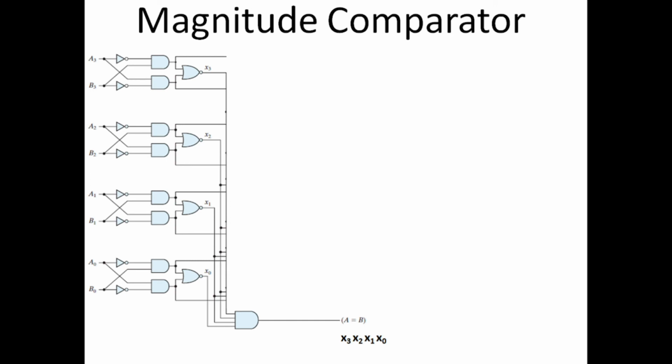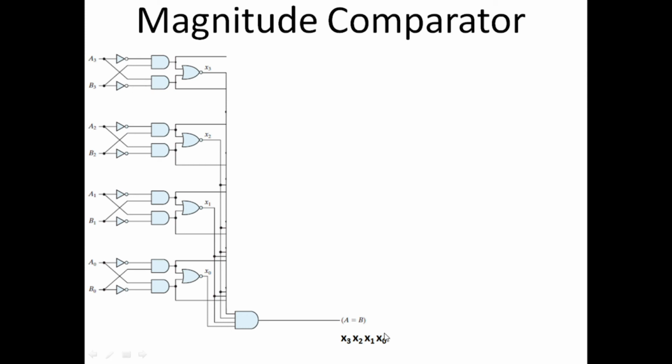So first we implement the Boolean function A equals B, which is x0, x1, x2, and x3, and each xi is actually an exclusive OR with exclusive NOR operation.